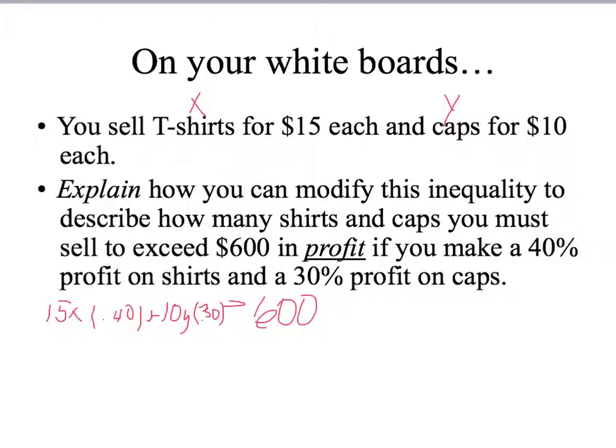So 0.3. All right, so now it's just simplifying that. 15 times 0.4 would be 9x plus 10 times 0.3 would be 3y. Has to be greater than 600.